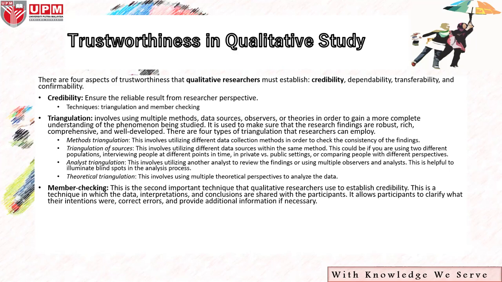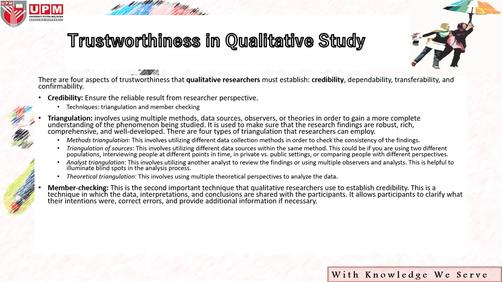The conclusions that we made we can also share with the respondent, to get their feedback on whether the interpretation or the transcription that we made is accurate and according to what they meant or not.